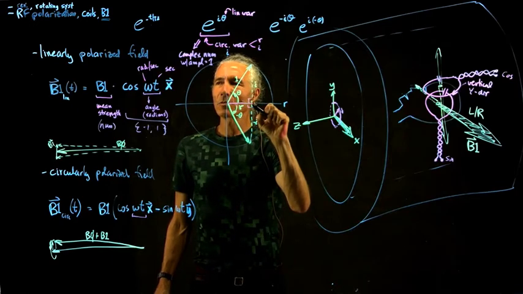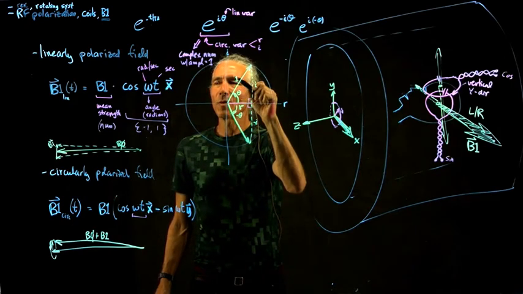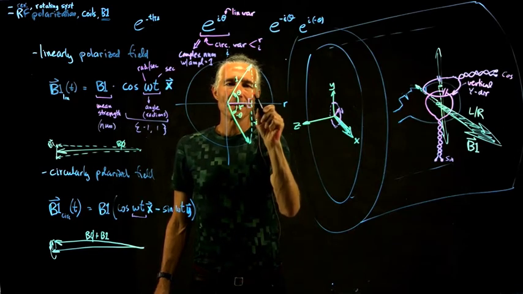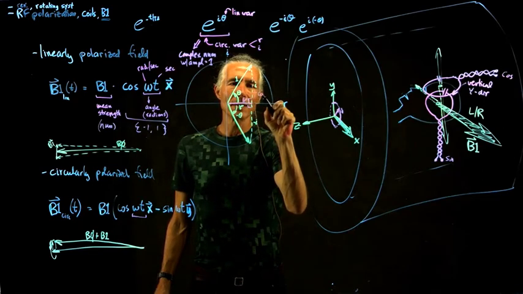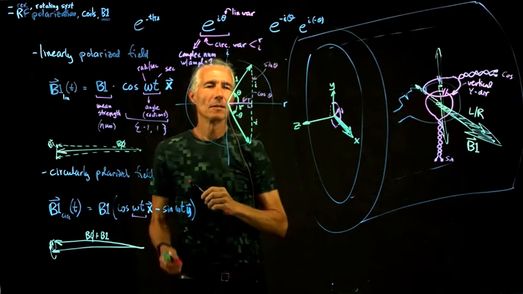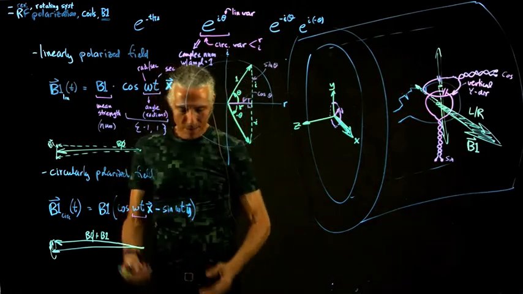It's going to be the cosine of this angle times the hypotenuse. The hypotenuse is 1, so it's just going to be the cosine. So basically, this length just equals the cosine of the angle, and this length just equals the sine of the angle. And that's exactly what we have down here.